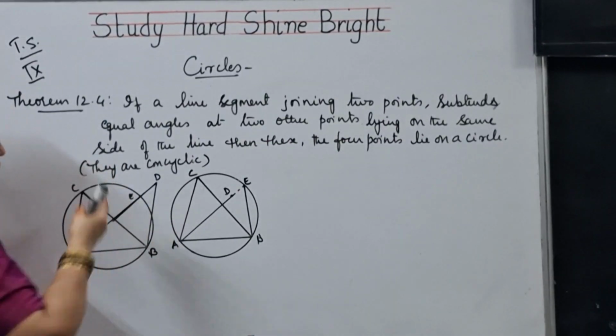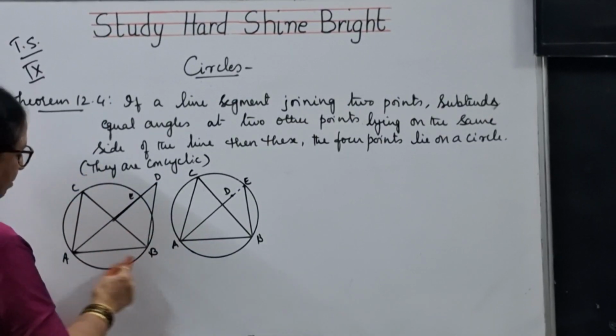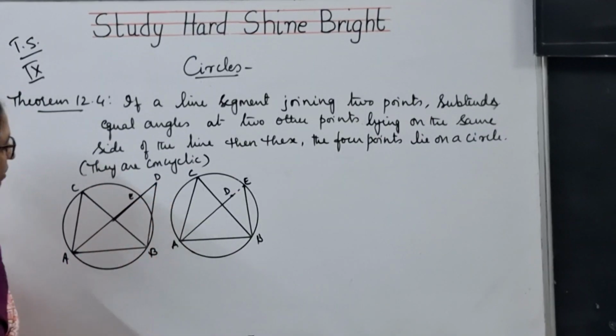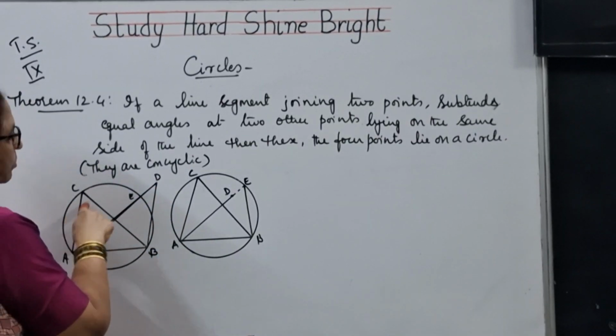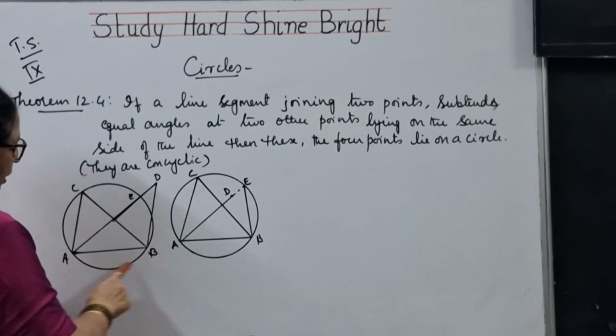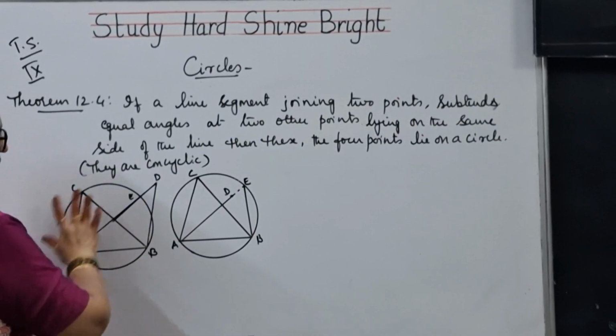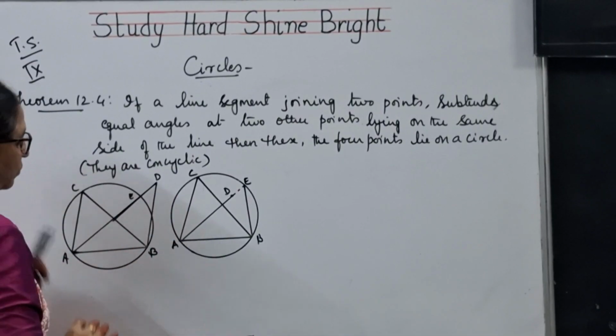For our convenience, we have taken it this side. Two more points are there. Now when you join this, they are subtending the same angles. Whatever is this angle measure, same angle measure is this. Now we need to prove that A, B, C, D are concyclic. They are lying on the same circle.